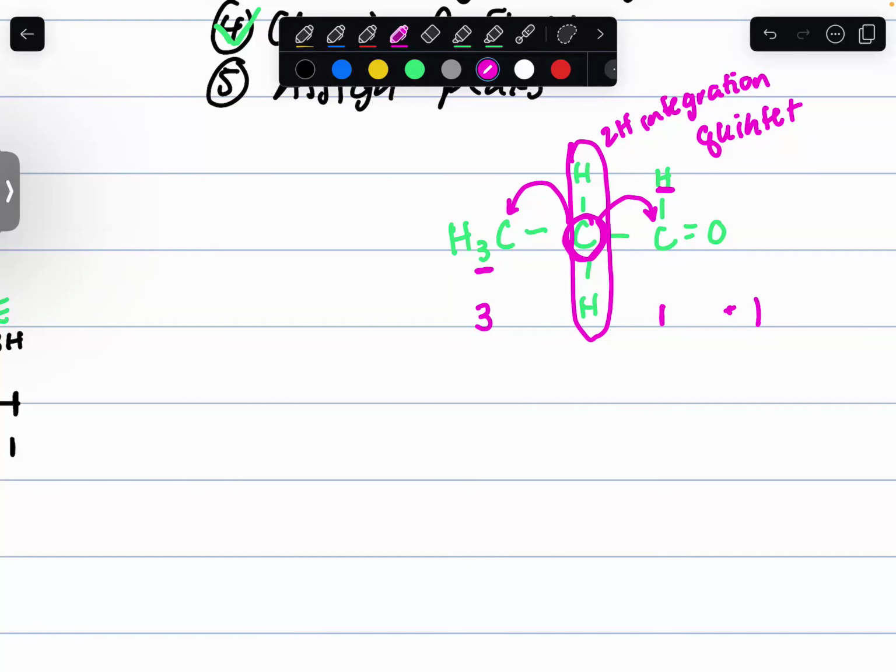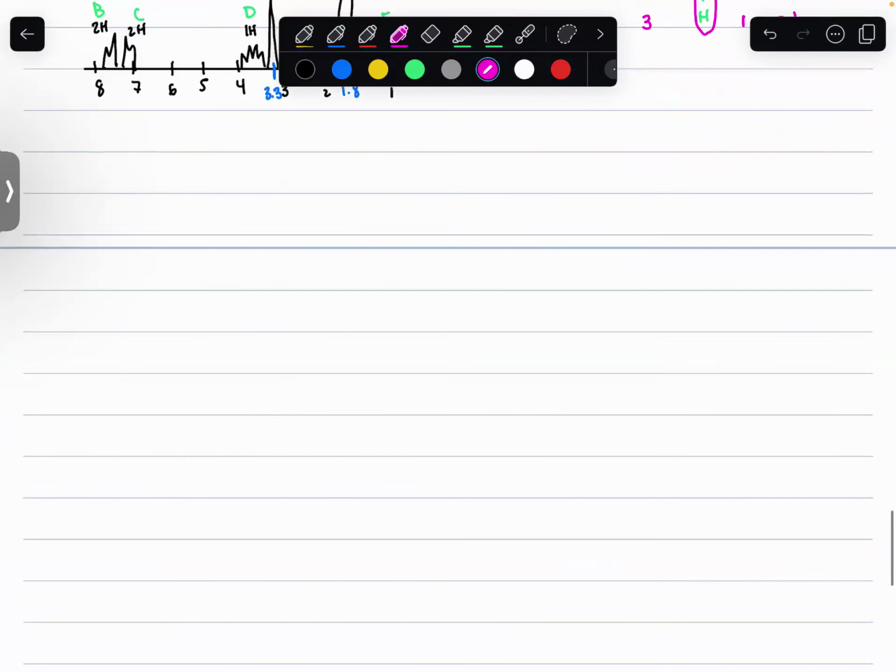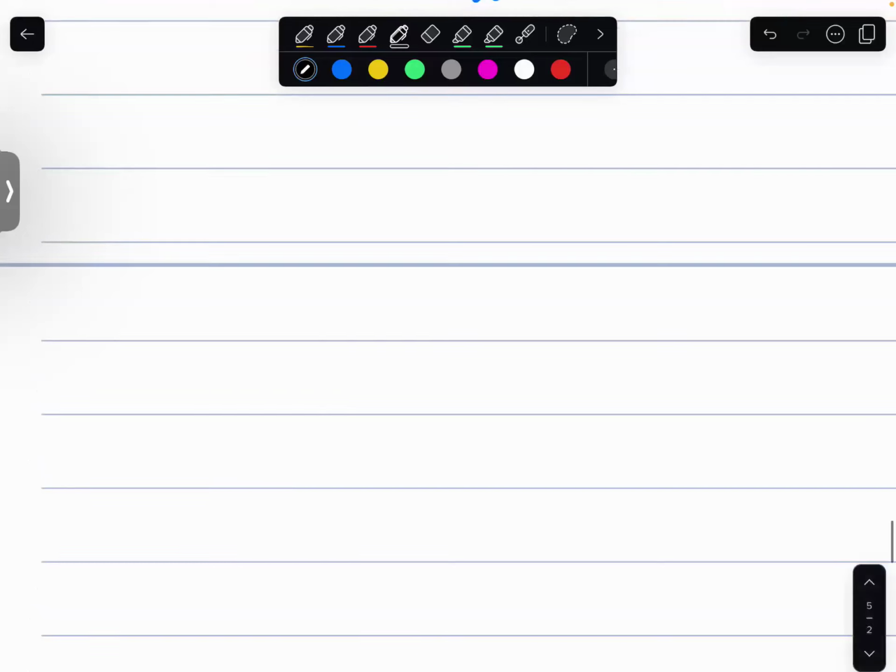Okay. So Claisen reactions are going to look quite similar to aldol reactions, but they use esters.